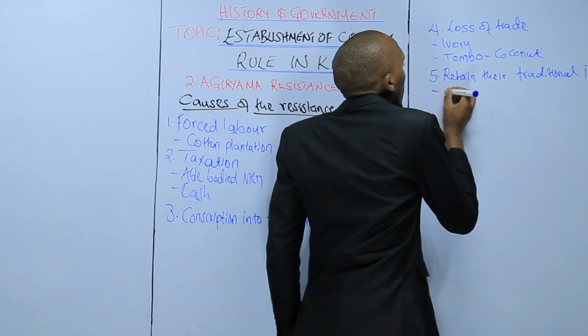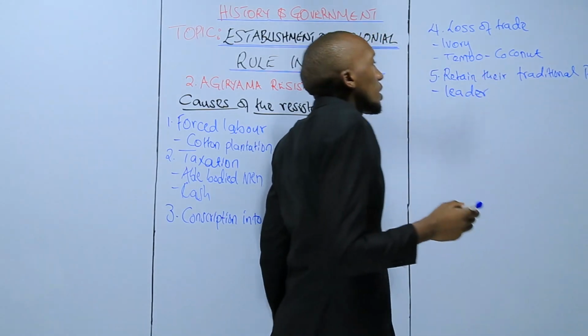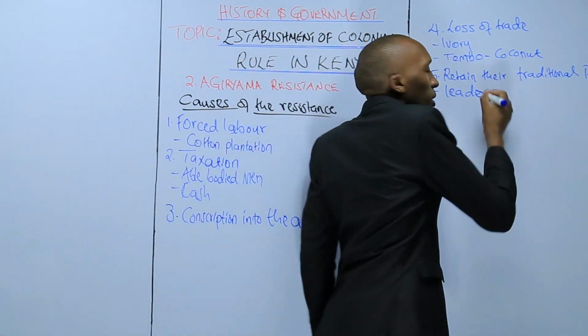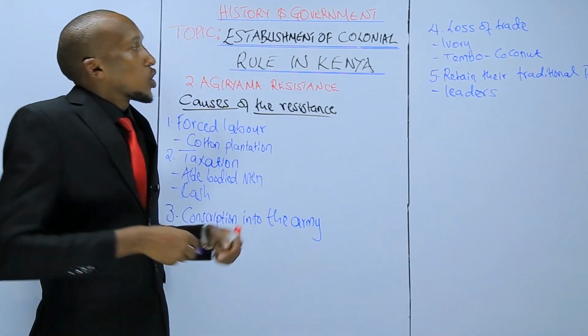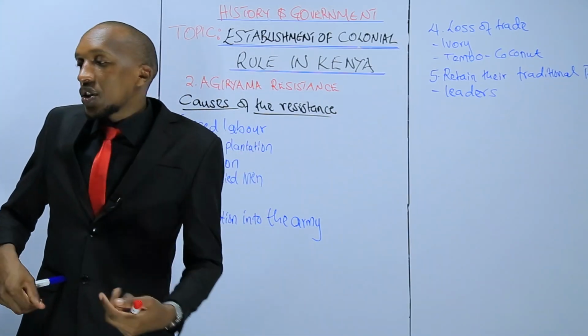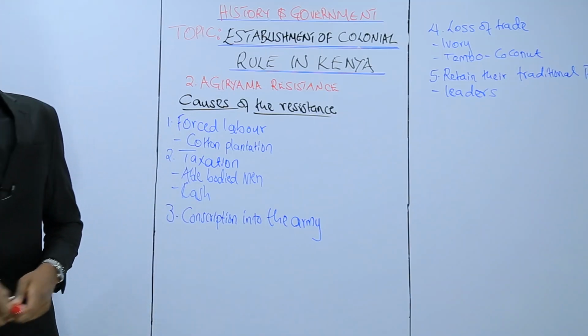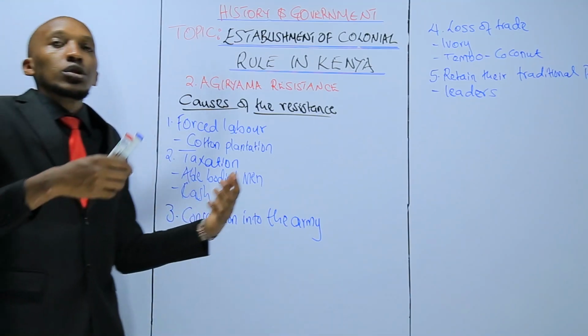Remember, they had their own traditional leaders. I mentioned Mekatilili Menza was one female leader that was leading them. So the traditional people did not want to lose the traditional power that they had. They had their own leaders, they had their own rulers.